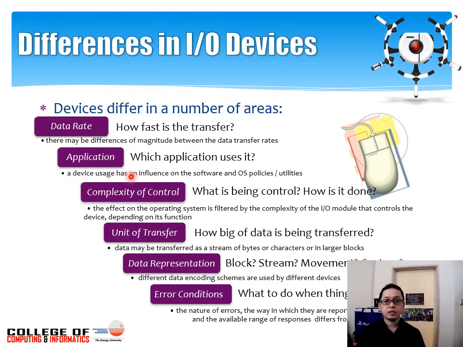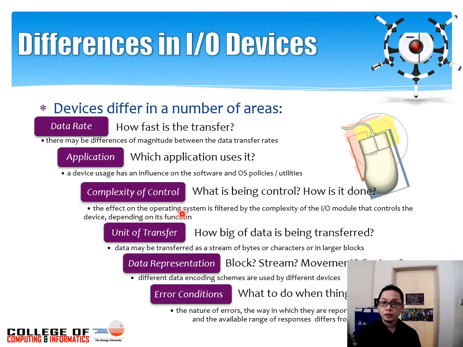Secondly is the application being used by the devices, or what application will use the device. For example, with a monitor, sometimes there is a difference between a gaming monitor and perhaps one for just office use. So this is also one of the considerations when choosing a device.